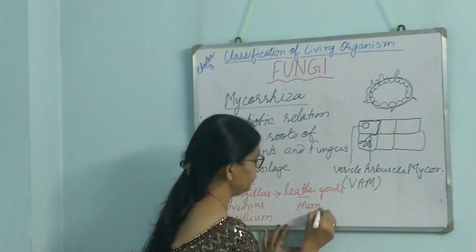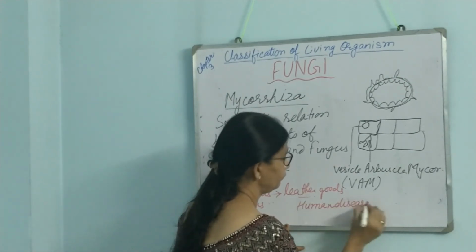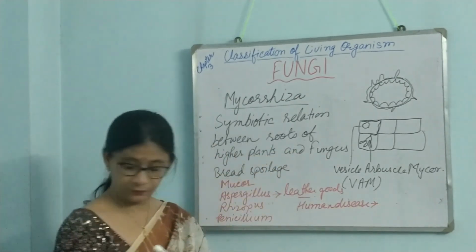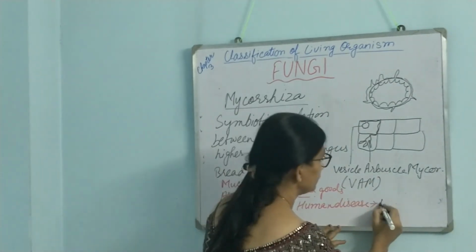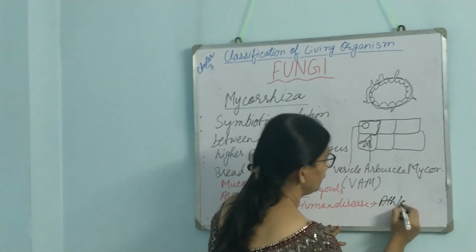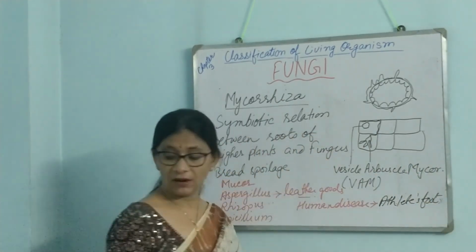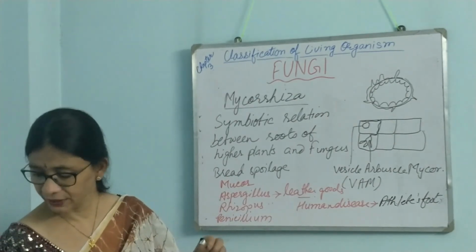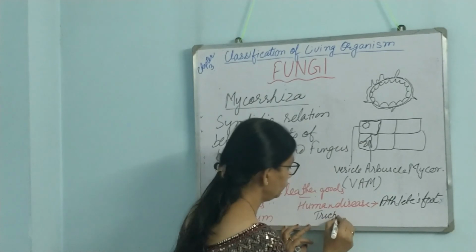One human disease is known as athlete's foot. Athlete's foot, you must have heard about this. This is caused by a fungus, and the name is Trichophyton interdigitale.